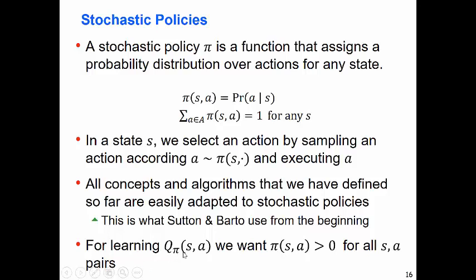So for learning the Q function of a policy, if we have that for every action, the probability of that action is non-zero, right? Eventually we'll get examples in the data set where in every state you've tried every action. And then we can learn Q values for all state action pairs. Does that make sense?